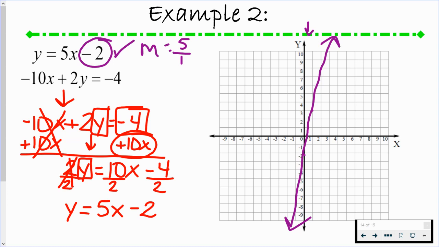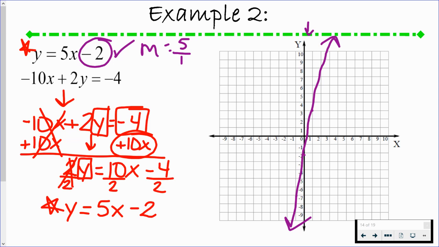Okay. Now, I don't know about you, but all I hear is ding, ding, ding. What do you observe about the two equations? Well, hopefully you're sitting home and saying they are exactly the same.